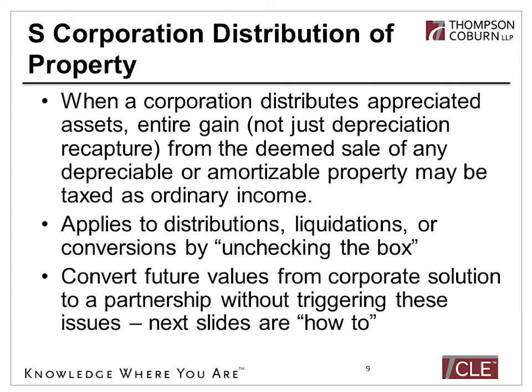Now, if you have a C corporation, there's just one corporate rate. Here's the big problem: if you have an S corporation and you're selling property that in the hands of a related party would be depreciable or amortizable, then the gain on that sale, the whole thing, is ordinary income.